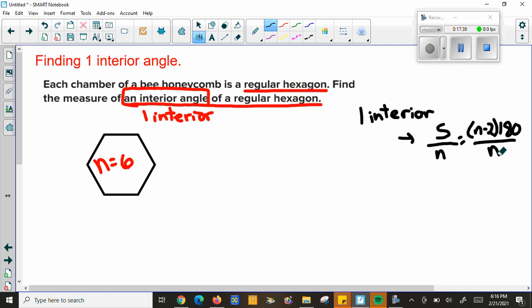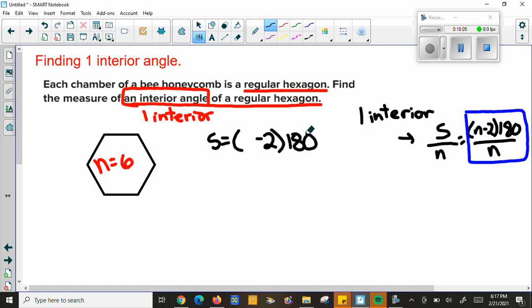We don't have to use this whole equation to help us do this. We could do it in pieces, and that's how I'm going to demonstrate. To find one interior angle of a hexagon, we're going to start with finding the sum of those angles. So I'll go ahead and replace n with 6 and solve.